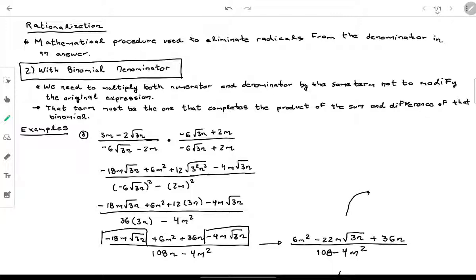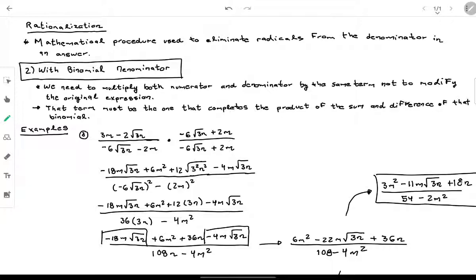Everything is divisible by 2, so we can simplify the answer, and it's going to be 54 minus 2m squared on the bottom, and the top is going to be 3m squared minus 11m that multiplies the square root of 3n plus 18n, and that will be my final answer.